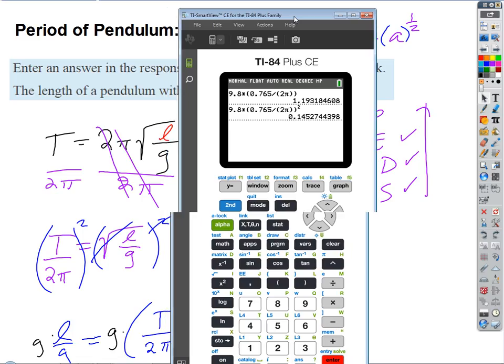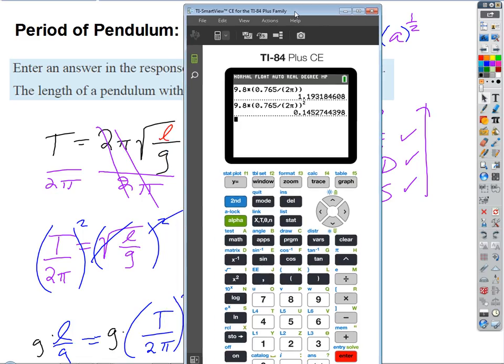But here's how you could justify this. It's going to sound hokey, but I want you to hear this reasoning. How many solutions did we get? 1. Is there a solution to this? There must be.